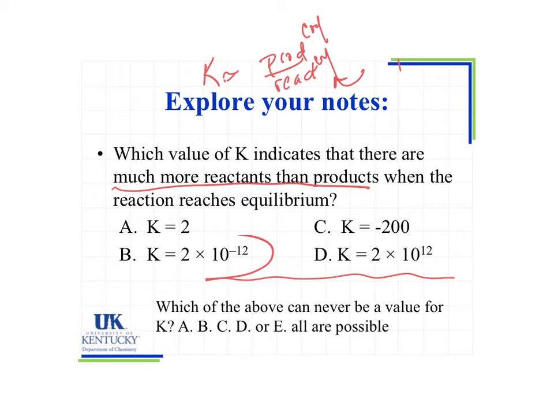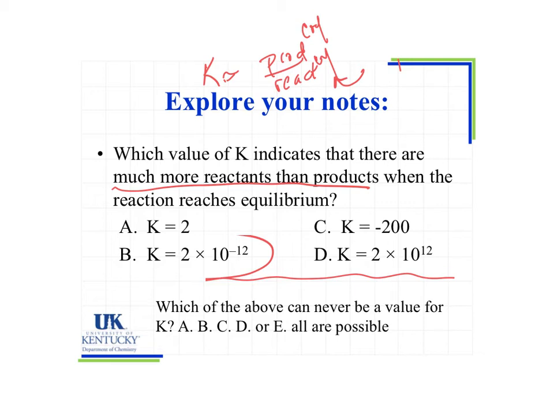Anytime K is tiny, smaller than 1, a fraction, that means you've got more reactants. Anytime K is larger than 1, then you have more products. Now that range between 0.1 to 10, that's going to be fairly equal, not exactly equal, but fairly equal amounts of products and reactants.